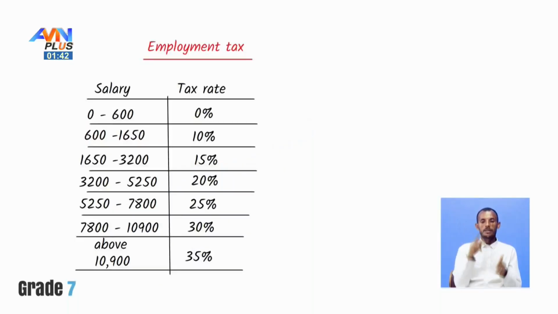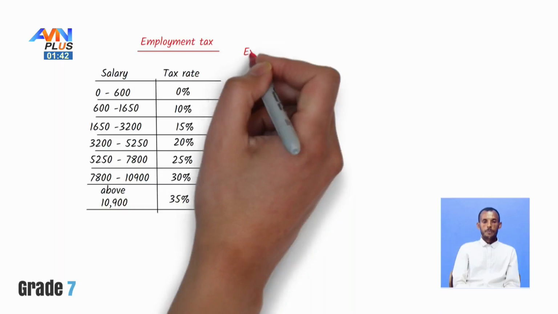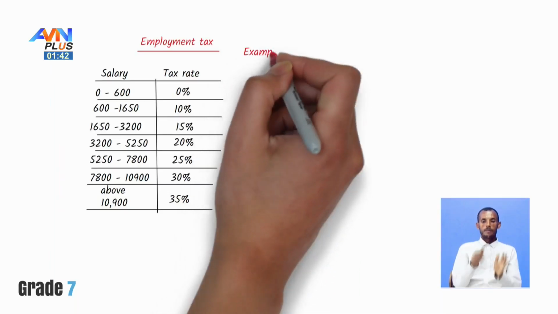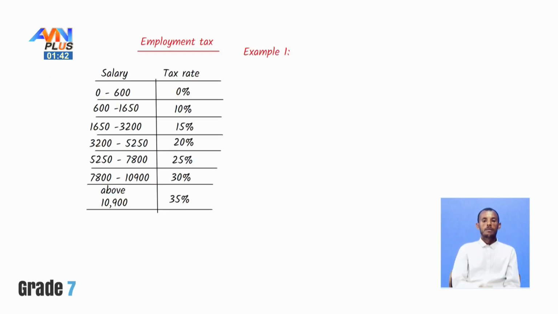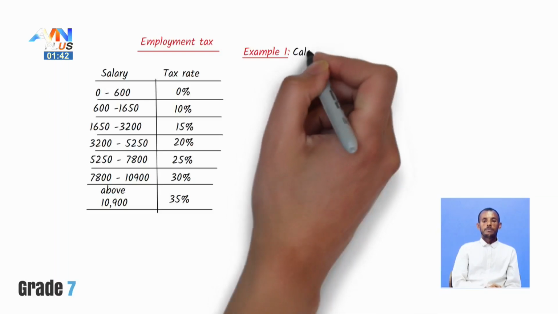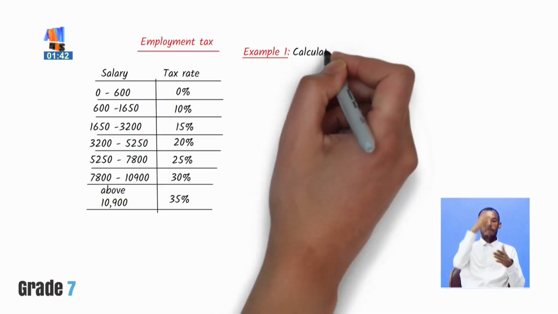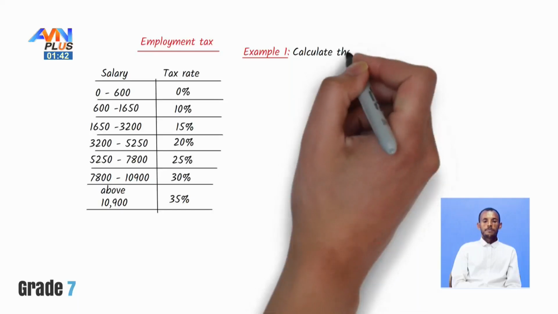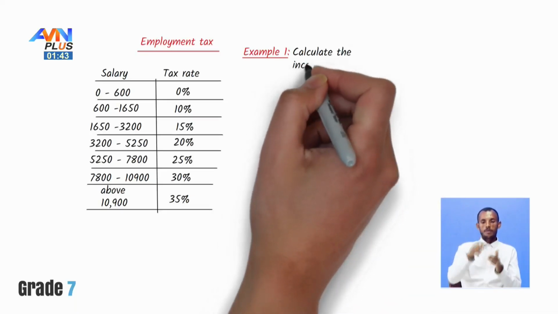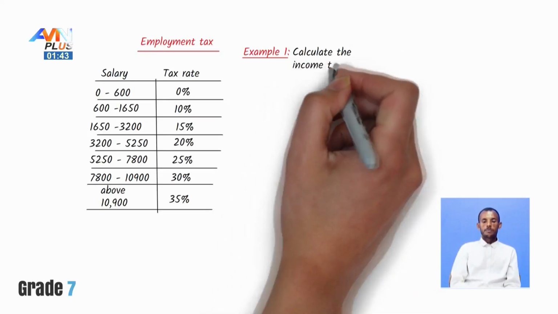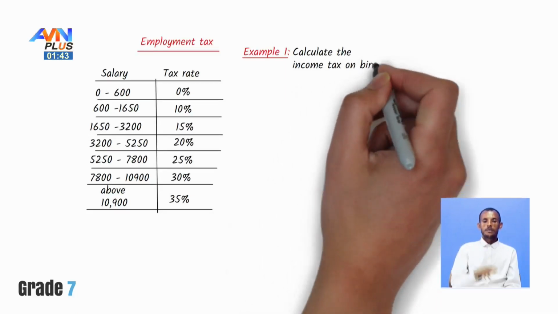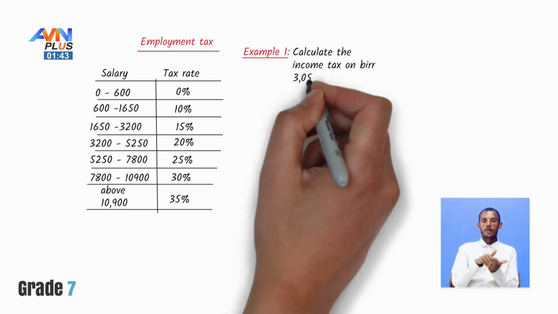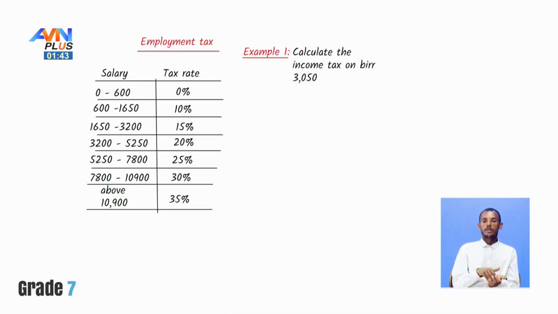Okay, the first example. Example 1. Calculate the income tax on 3,050.